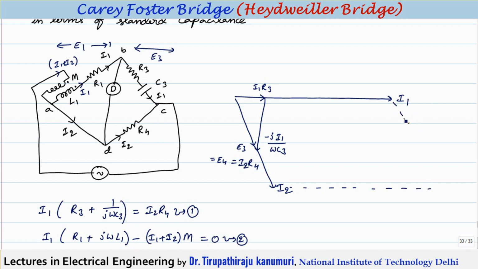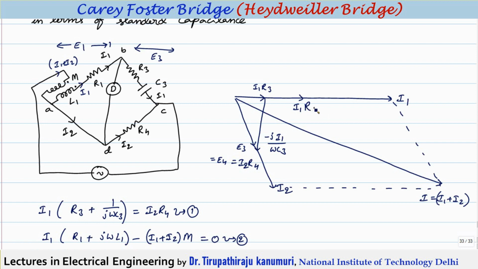So let us apply the equation here: the current passing here is I1, so it will be along this direction, and this will be I1 multiplied by R1.